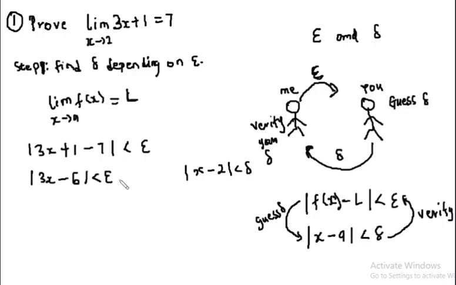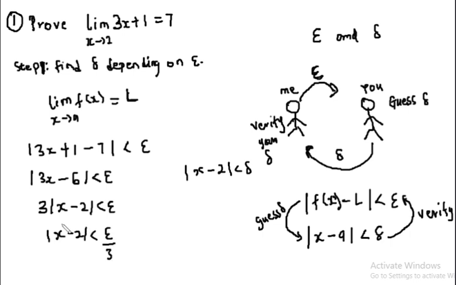What we are aiming for now is to try to make this absolute value term look like this absolute value term. From here, if you notice, we can factorize 3 so that we have 3 times the absolute value of x minus 2 is less than epsilon. We divide through by 3, and we have the absolute value of x minus 2 is less than epsilon over 3.